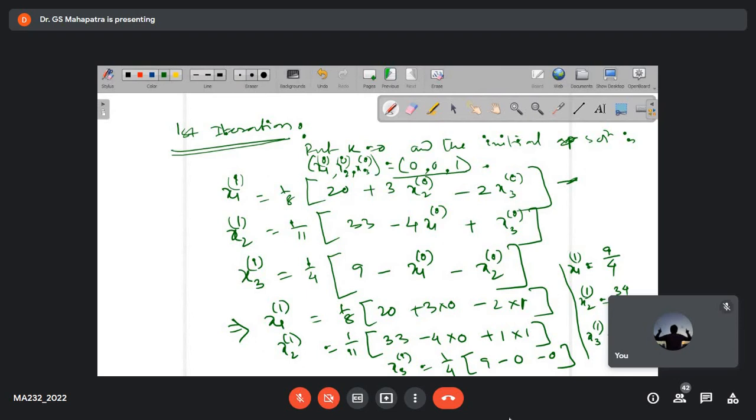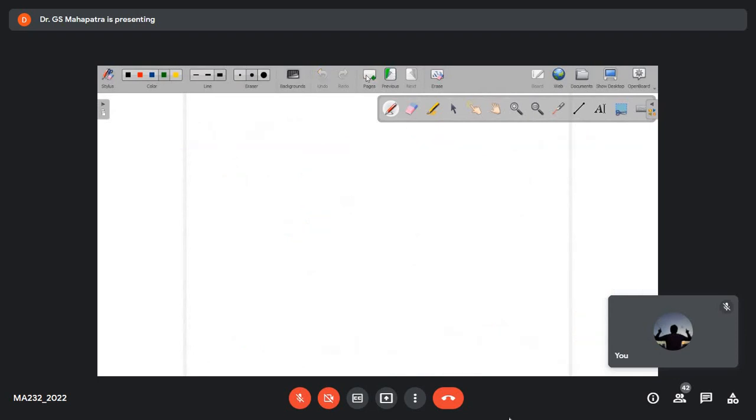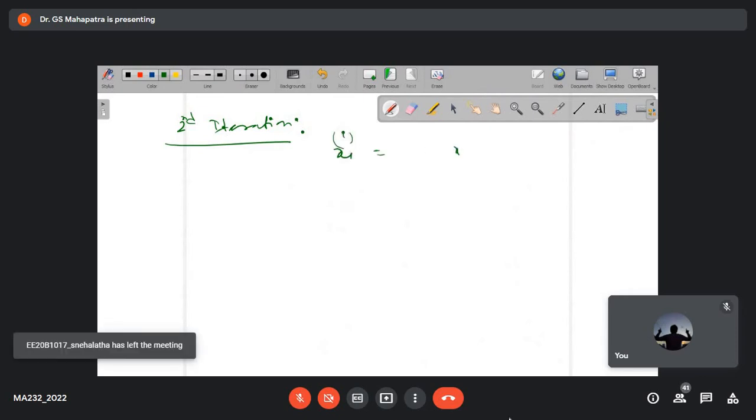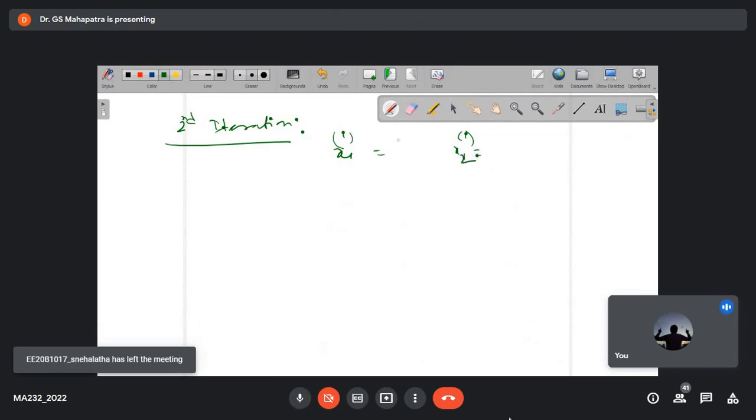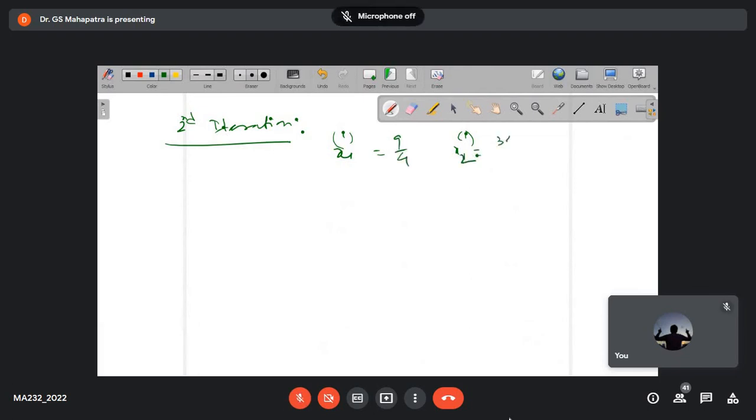So now go to the next. I will do one more iteration, then I will stop. Rest part you have to complete. Now next one, second iteration. x1 1, can you repeat it? What is the previous answer? 9 by 4, 34 by 11, and x3 9 by 4.